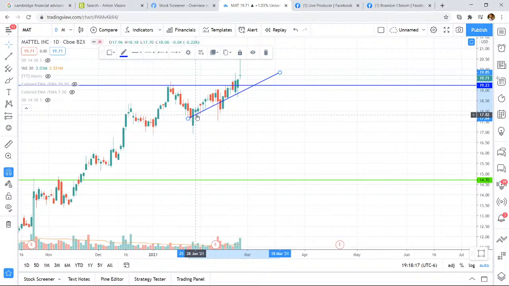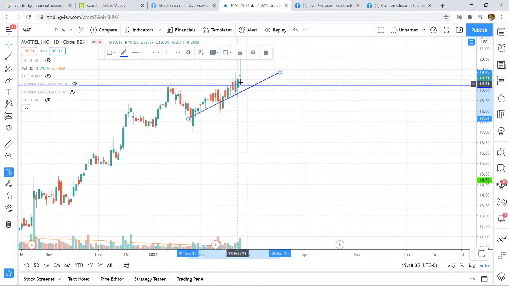Price would not close below roughly $18. So as every day goes by, price continues to go higher and higher. So it's making higher lows and higher highs.